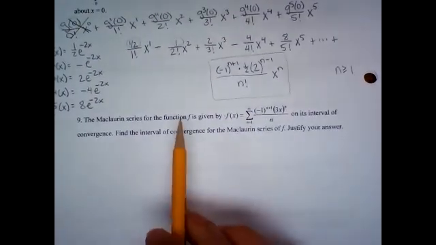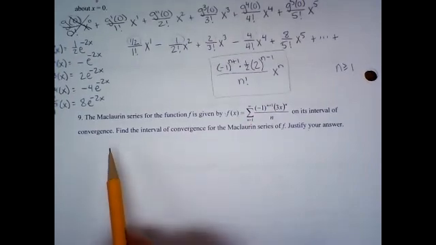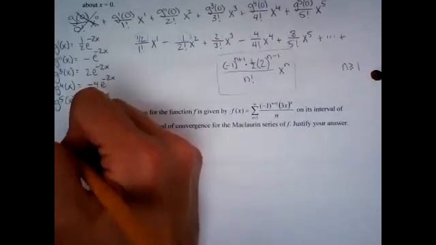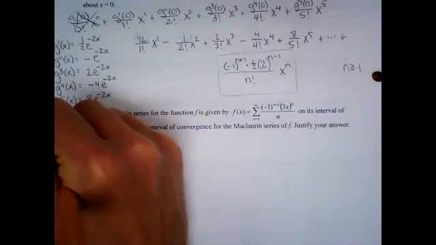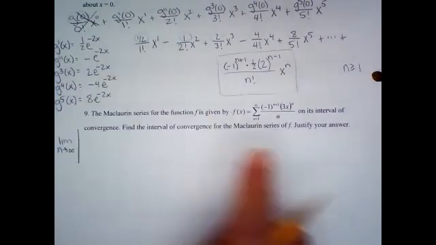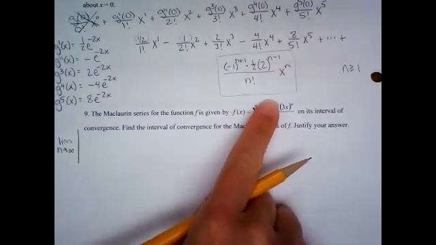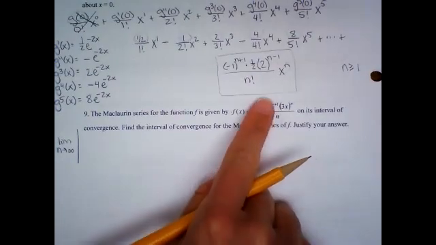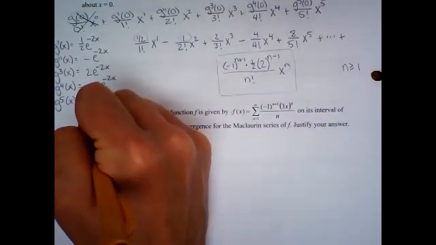All right, number 9, a Maclaurin series is given by this. Find the interval of convergence. All right, so this always starts with a ratio test. And I'm going to leave off this -1 to the n plus 1 because we're doing an absolute value, so I don't need that part. It's just always going to be positive.